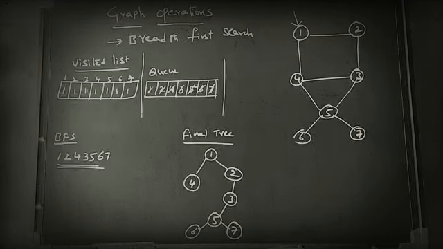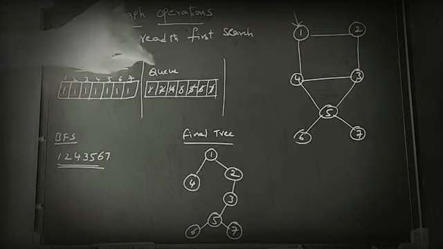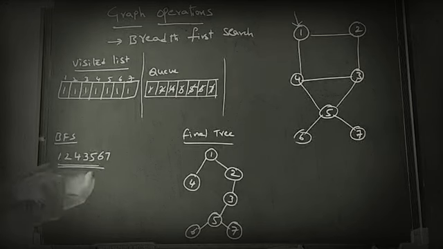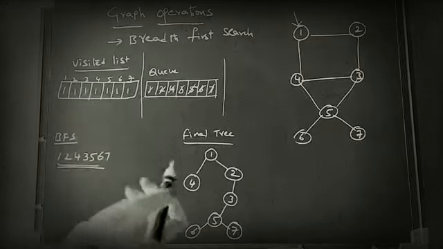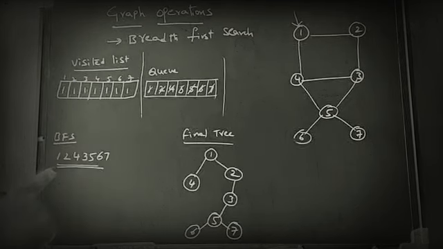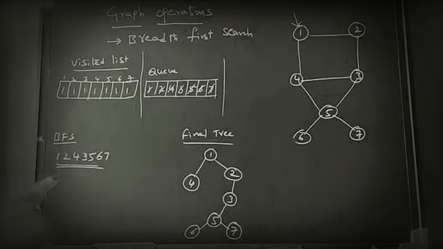We have to take one visited list, where initially all states are 0, and one queue to store visited nodes. Next, the node that is explored, whose adjacent nodes are entered in the queue, is removed from the queue and added to the order.